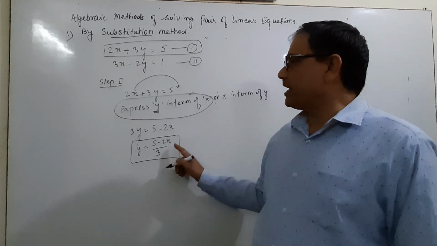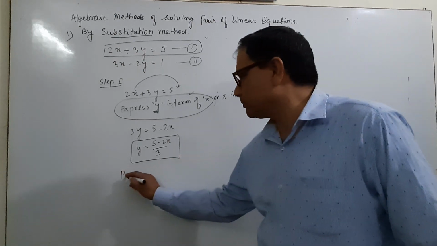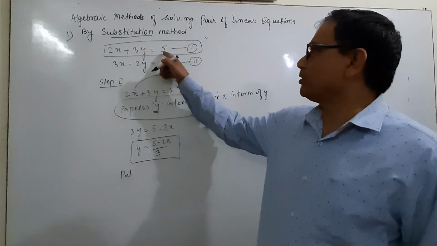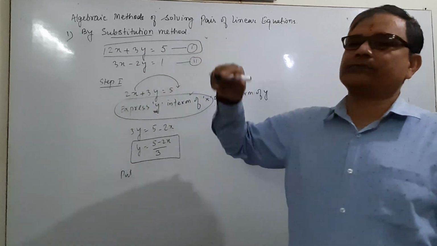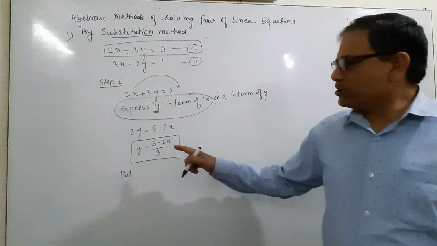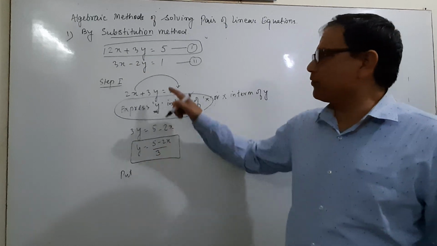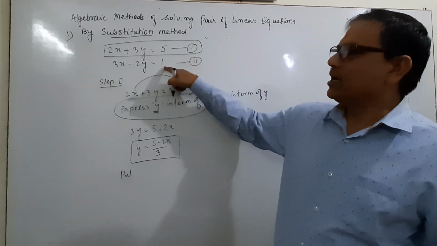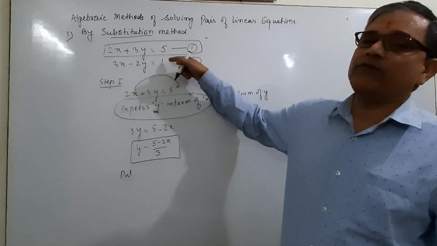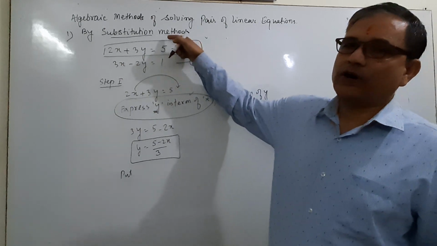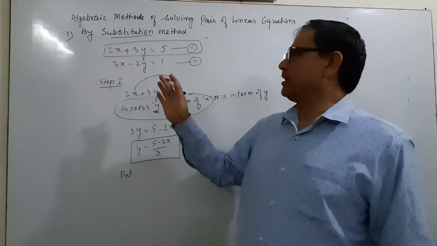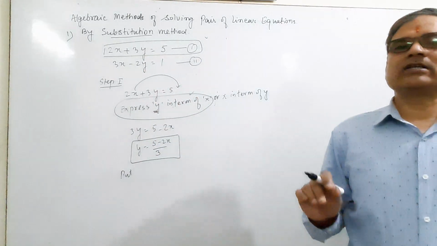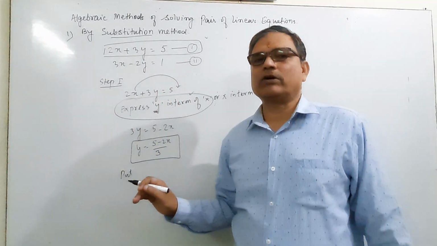After that we have to put this value of y into the second equation, because we expressed y in terms of x from the first equation and then put it in the second. If we put the same value of y in equation first, then LHS will be equal to RHS.